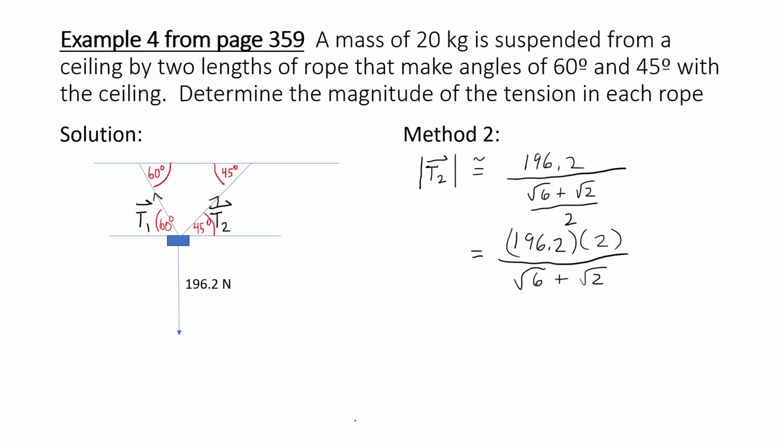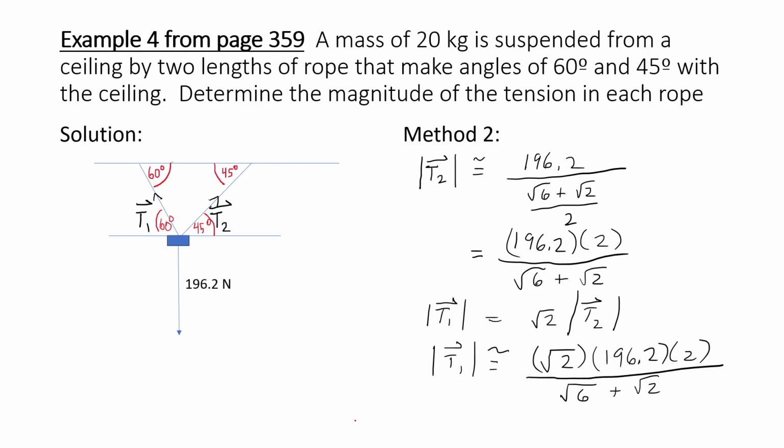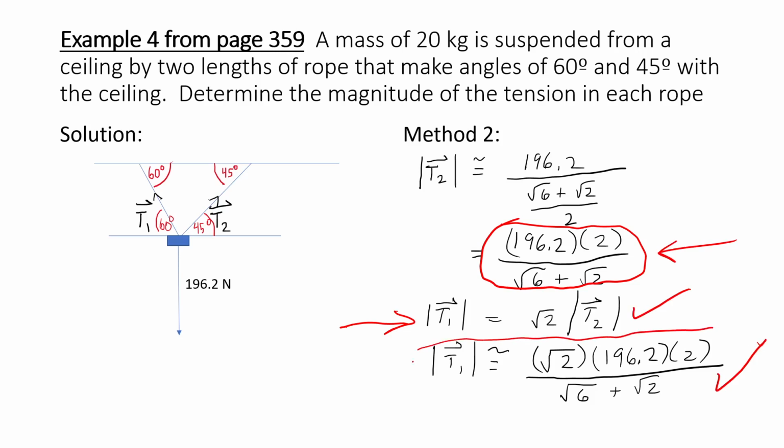When we do that, we can multiply numerator and denominator both by 2. And we end up with this as our answer for the magnitude of T2. And then T1, go back and sub in like we learned in grade 10, the magnitude of T1 will just be root 2 times T2. We get this as our answer for the magnitude of T1.